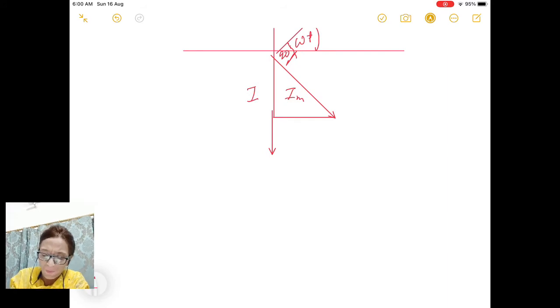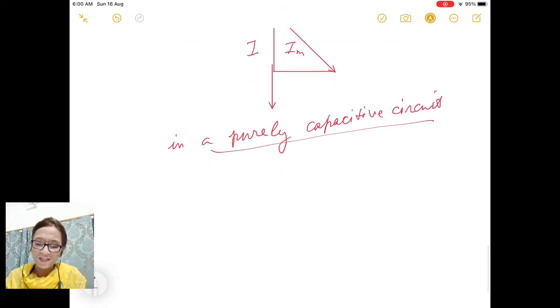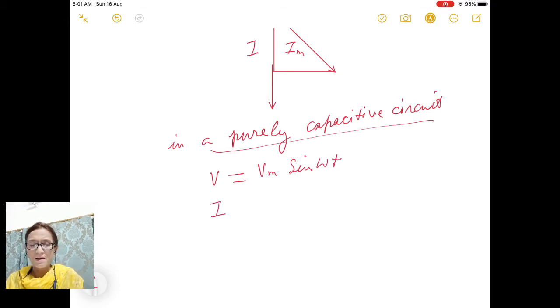Now in a purely capacitive circuit, in which voltage is given by instantaneous voltage V equals Vm sine omega t, and instantaneous current leads the instantaneous voltage in purely capacitive circuit by pi by 2 in its phase.